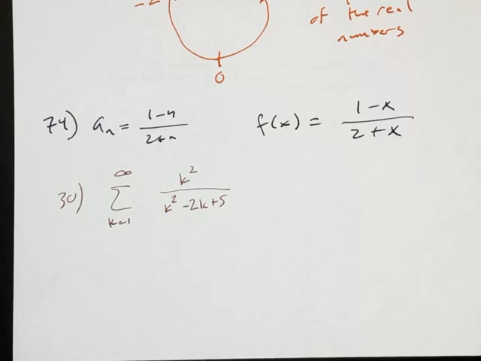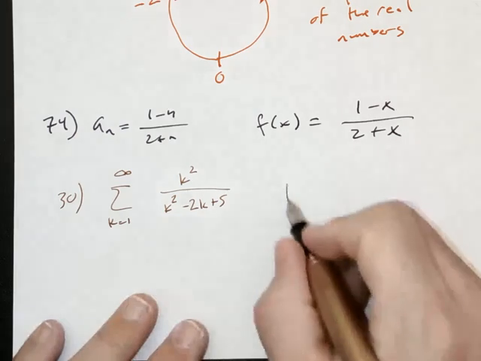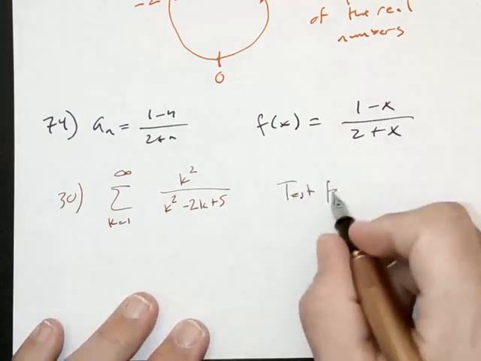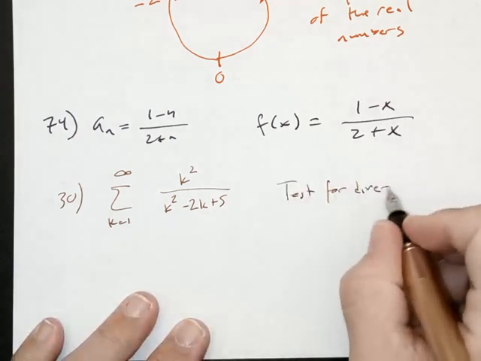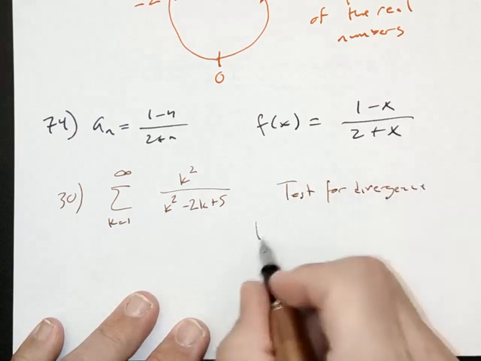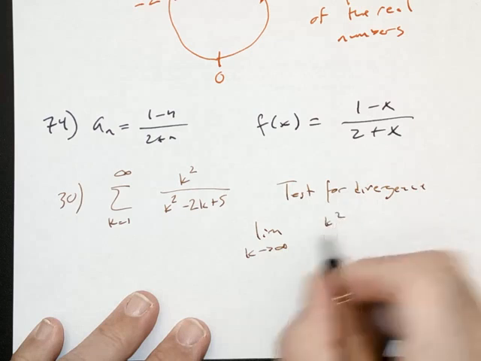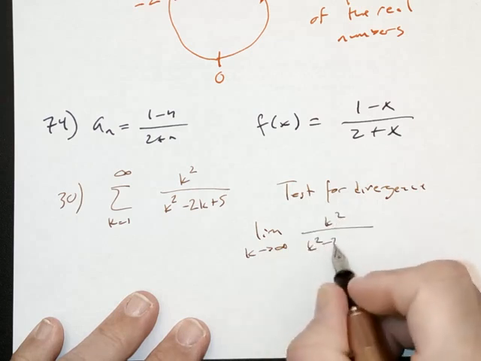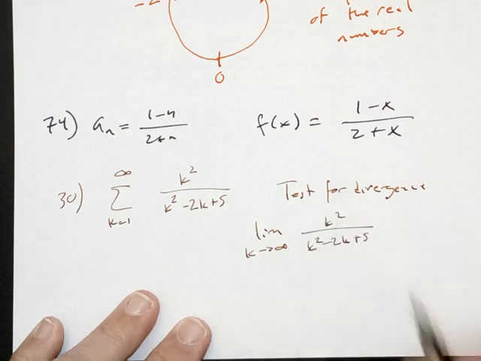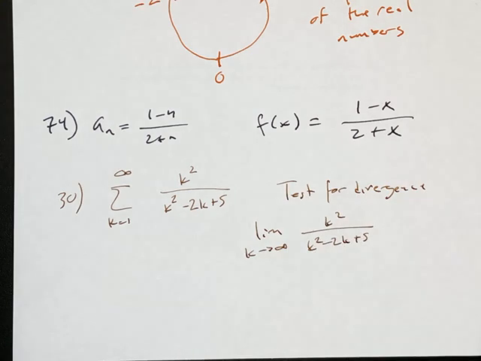Since right now I don't think it matches any of my formulas, let me do that test real quick and see if I even need to try and find a formula or something. So let's try the test for divergence. And that means I need to take the limit as k goes to infinity of this. Here's the best part.